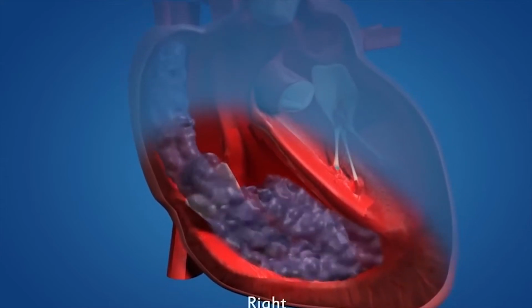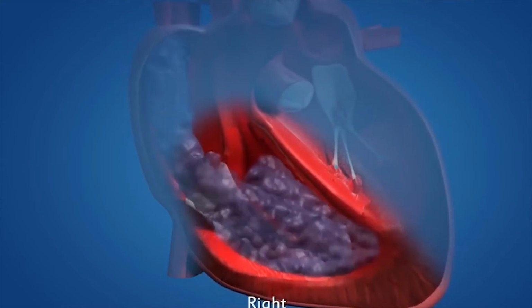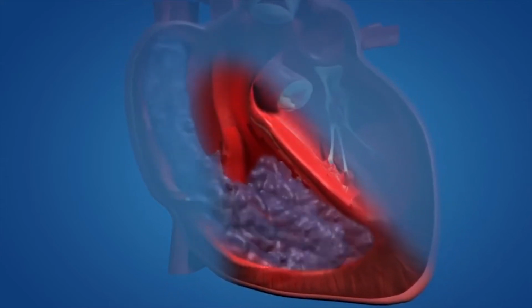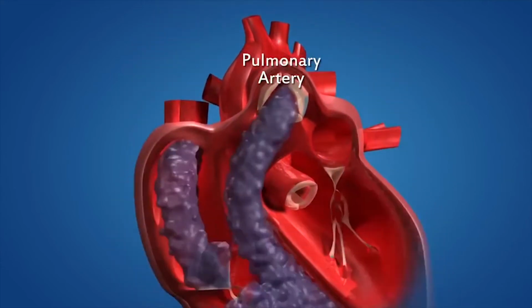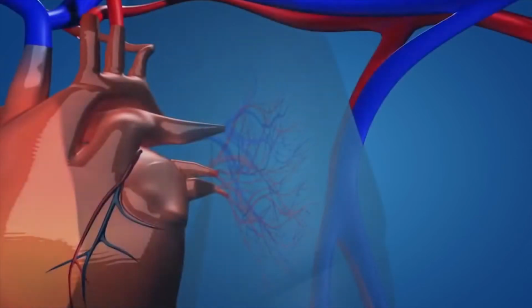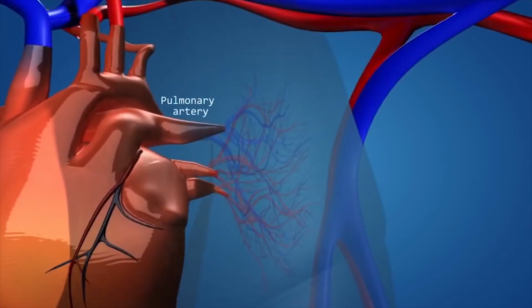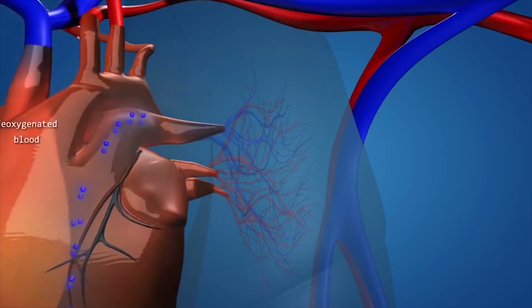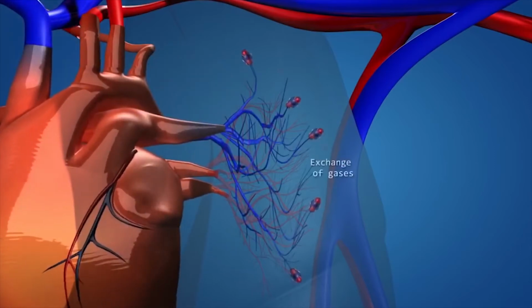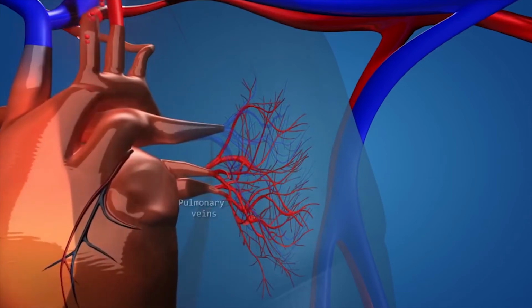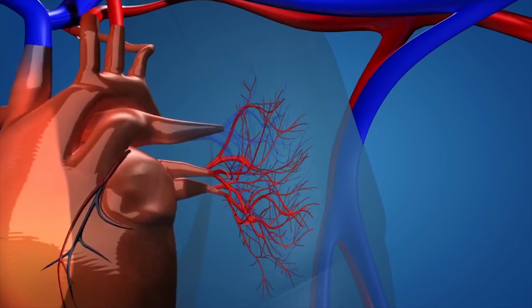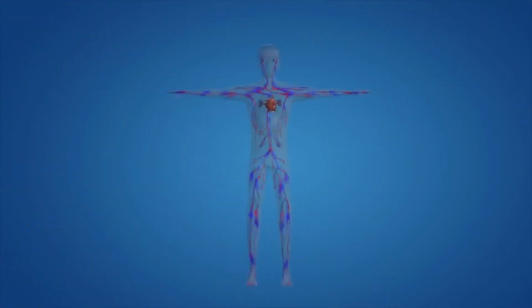Now, the right ventricle contracts in order to push deoxygenated blood through pulmonary artery towards the two lungs. Each pulmonary artery carries blood to each lung in order to exchange gases, and returning back again to the left side of heart with oxygenated blood.